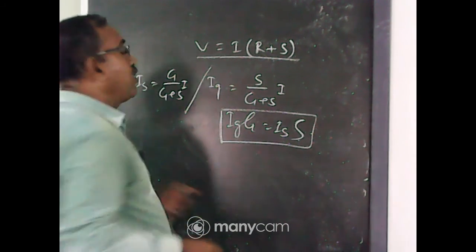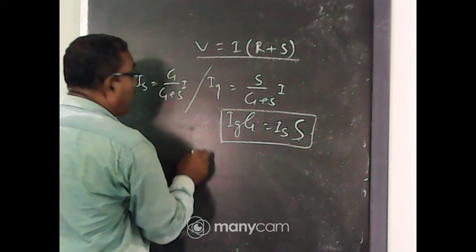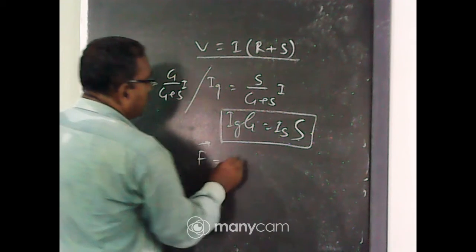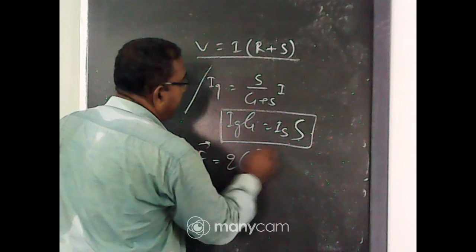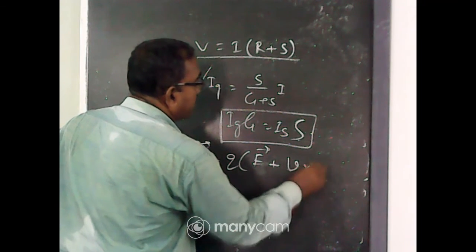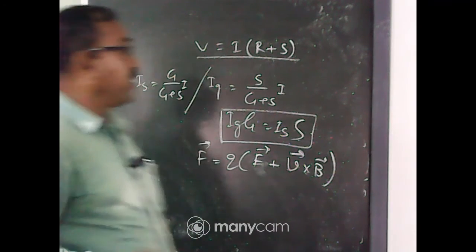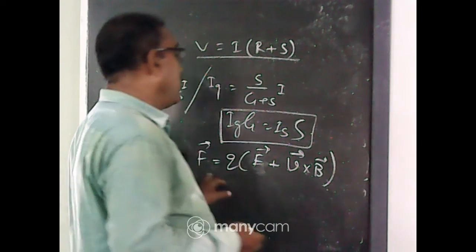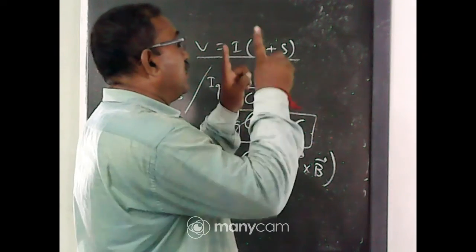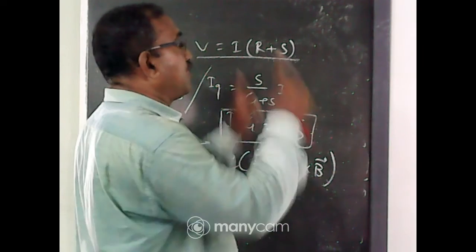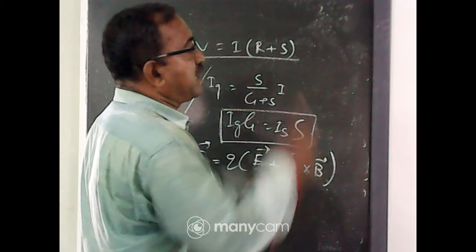And one numerical also, you check your books and question papers, on the Lorentz force. F equal to Q into E plus V cross B. This is the Lorentz force formula. And for parallel conductors, when the current passes in the same direction or the opposite direction, they attract or repel each other.